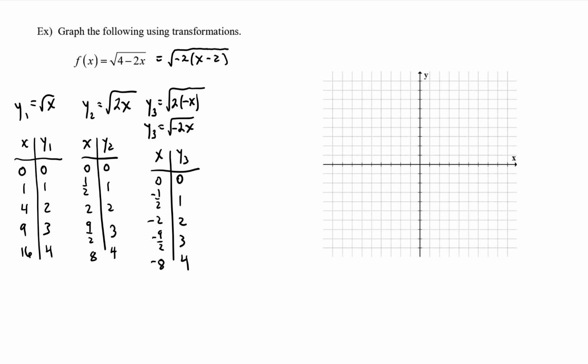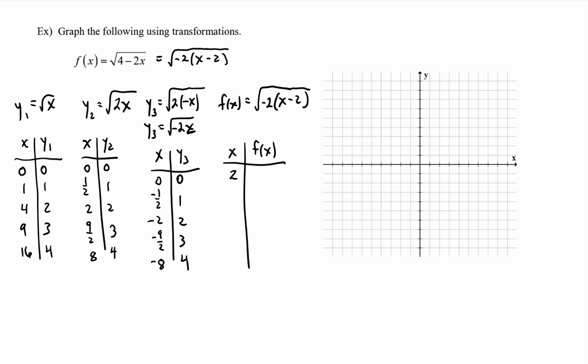And then my final transformation, to get the original graph f, I'm just going to replace x. So I'm going to take this x out and put x minus 2 in its place, which shifts it right 2. So we're just going to shift it to the right 2.